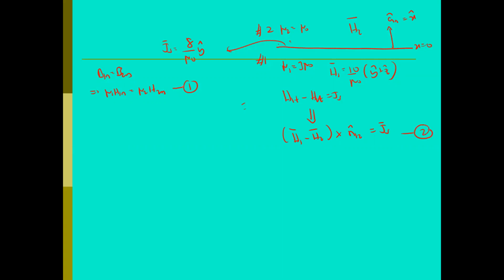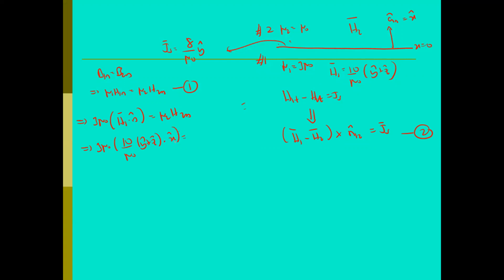Okay, let us proceed with the first boundary condition for the normal component. We are given that H1 is 10 over mu naught y plus z, and mu1 is 3 mu naught. The H1n will be equal to H1 dot n, and that will be mu2 of H2n. So we have 3 mu naught times H1n, where H1 is 10 over mu naught y plus z, and the normal is in the x direction.